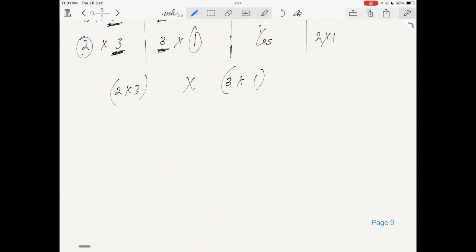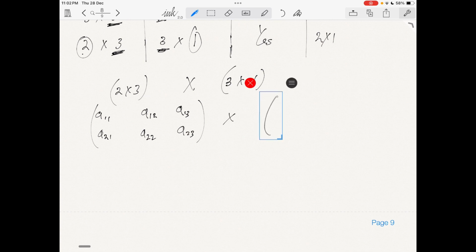Let's say it has 2 rows and 3 columns: a11, a12, a13, a21, a22, a23, and it is now multiplied by a 3 by 1 matrix. Let's call its entries b11, b21, b31, or let's simply assume it is a 3 by 2 matrix.